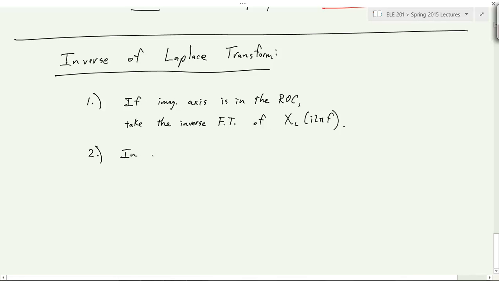In general, you find a line that is in the region of convergence, and you do the inverse Fourier transform of that line. So you would always have x of t is the limit. I'll write out a formula that would be like the general formula.